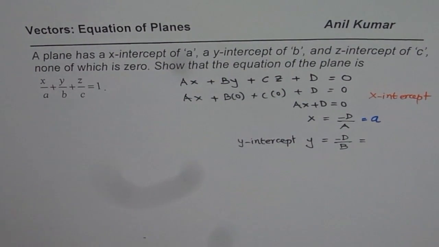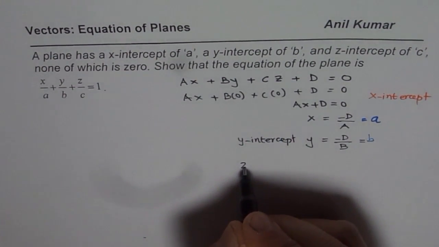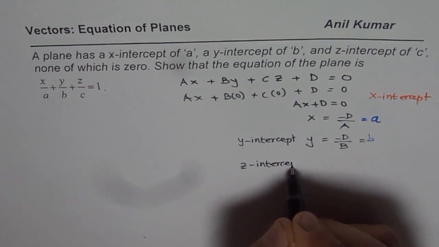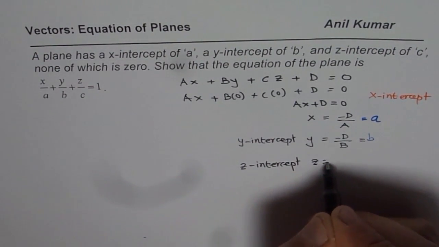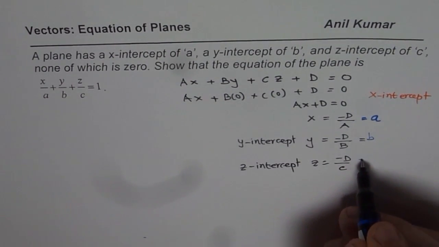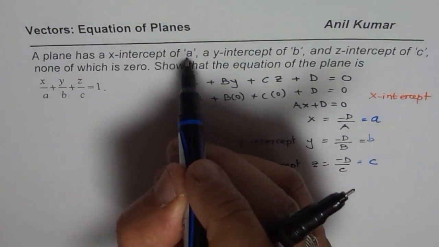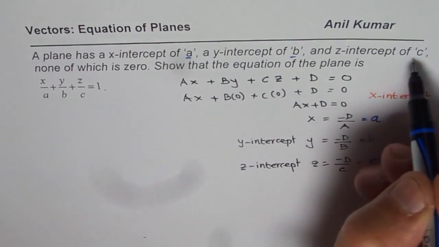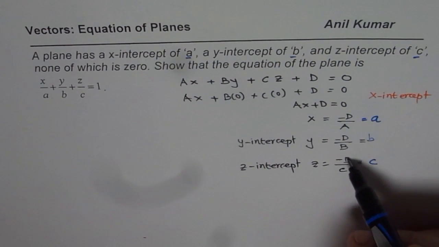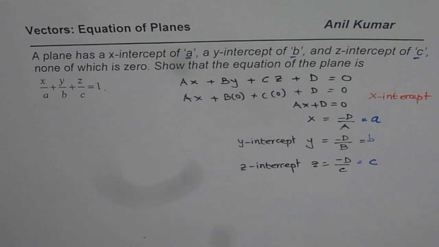And that is given to us as b, right? Similarly, the z-intercept will be minus d over c, right? So that is given to us as c. So these a, b and c are basically minus d over a, minus d over b, minus d over c. So that is what is given to us.